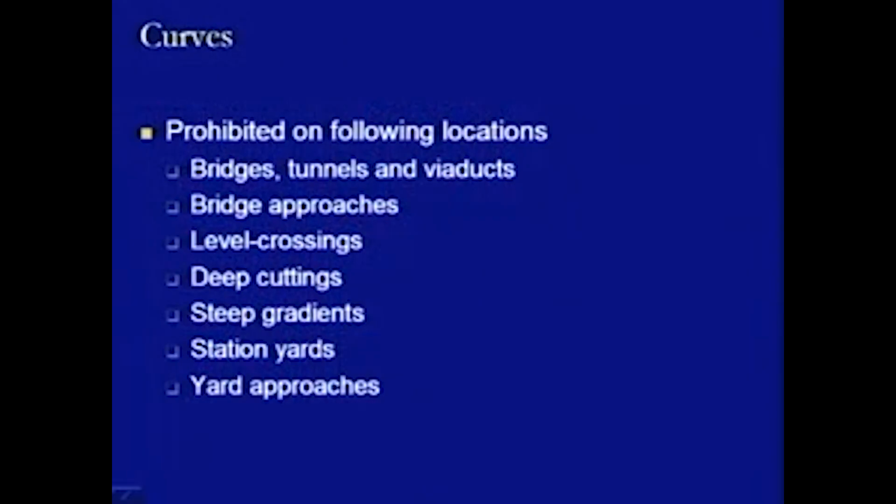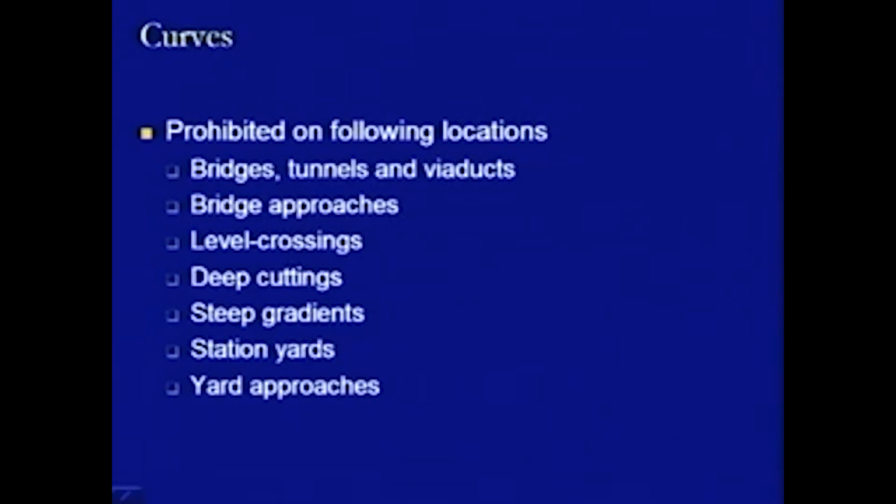Then there are certain locations where curves are prohibited, like on bridges, in tunnels, on viaducts. We have seen in the case of bridges, when we discussed the obligatory points, that as far as possible, at the sections where bridges are being provided, there should not be a curve; these should be provided on a straight section.